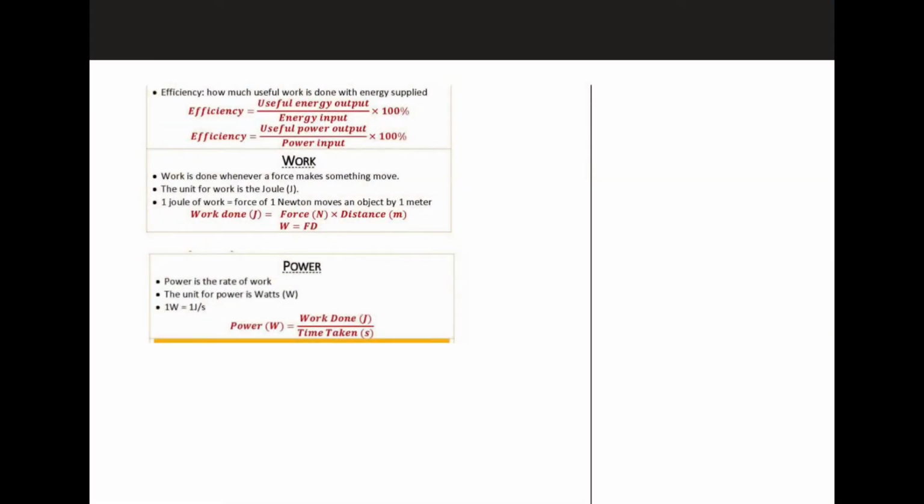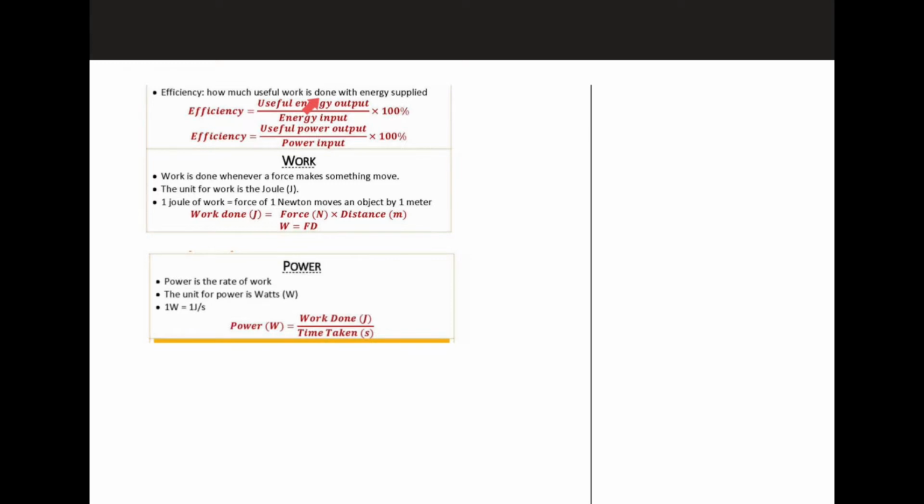This part, efficiency. Okay, efficiency is the first thing to discuss here. So efficiency is how much useful work is done with the energy supplied. How much useful work is done.